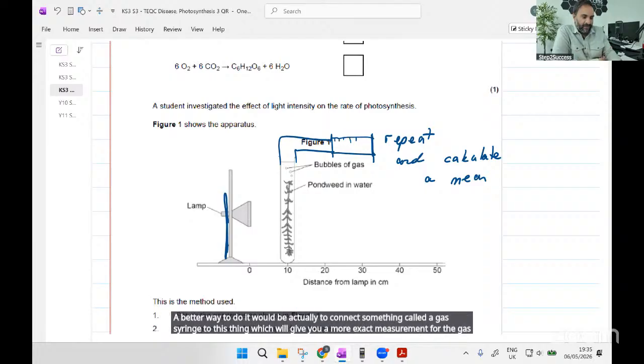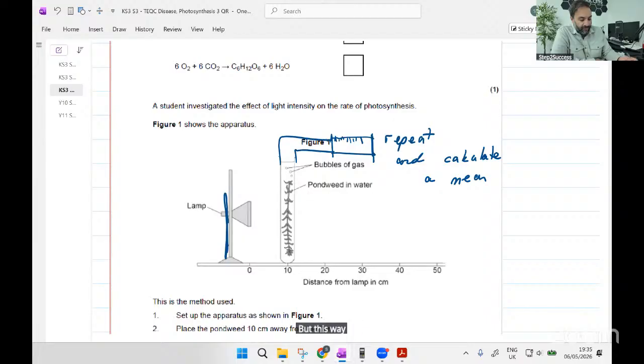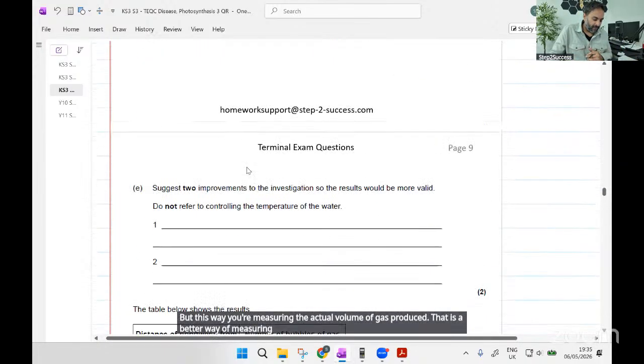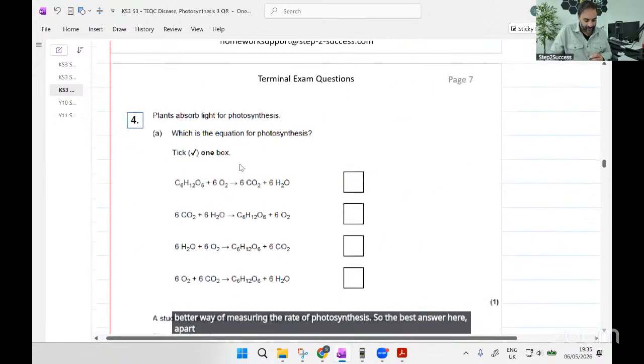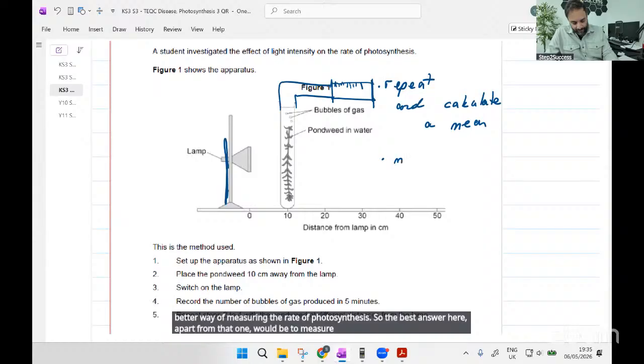These are just bubbles of gas, and one bubble could be bigger than another. This way, you're measuring the actual volume of gas produced, which is a better way of measuring the rate of photosynthesis. So the best answer here would be to measure the volume of gas produced.